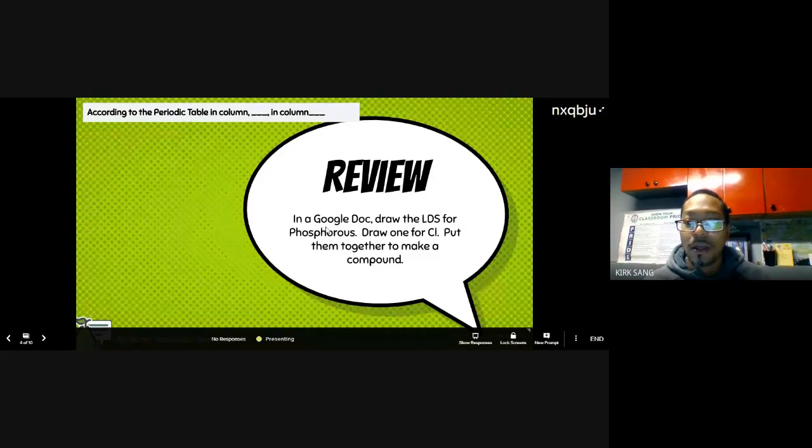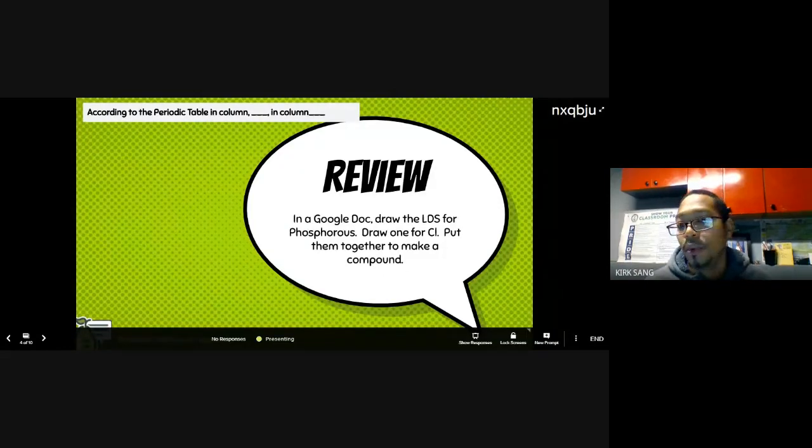So in the Google Doc, I want you to pull up a Google Doc and draw a Lewis dot structure for phosphorus. Again, make sure your periodic table is open and ready. Draw 1 chlorine atom and then put them together to make a compound.